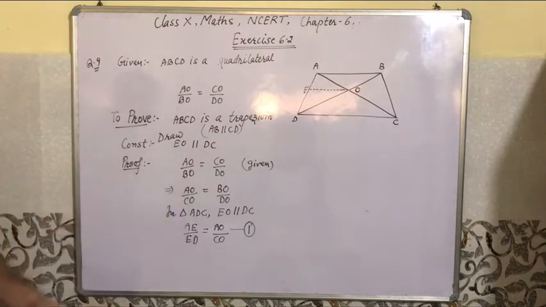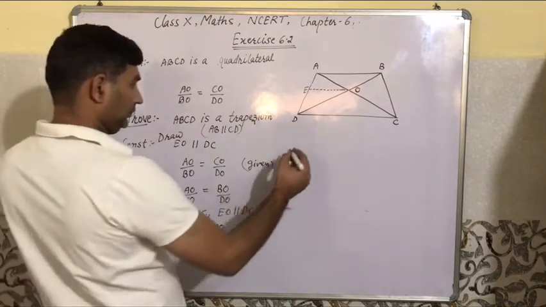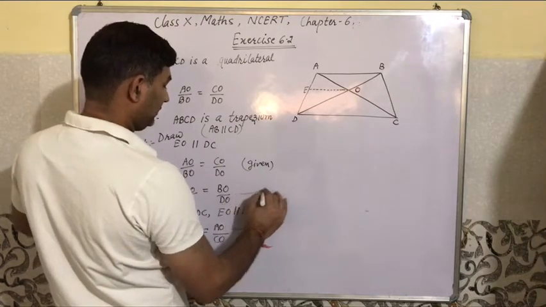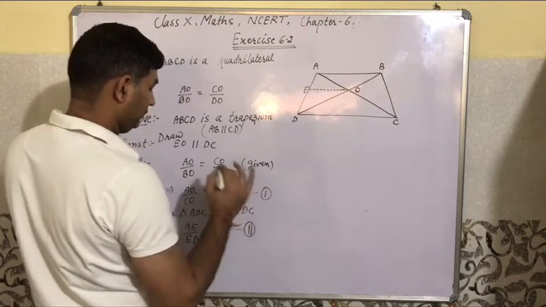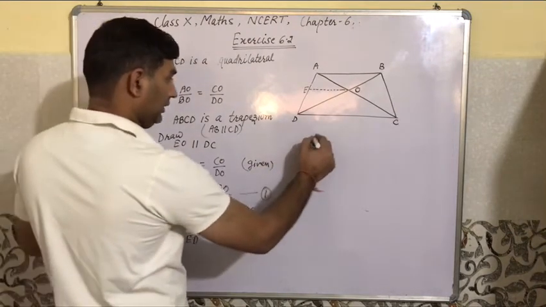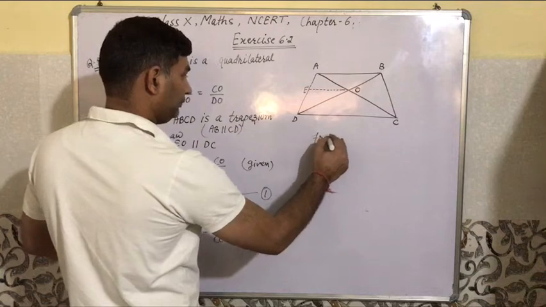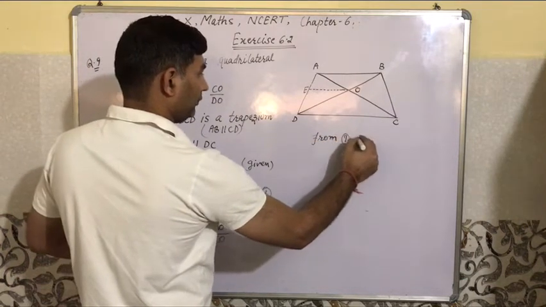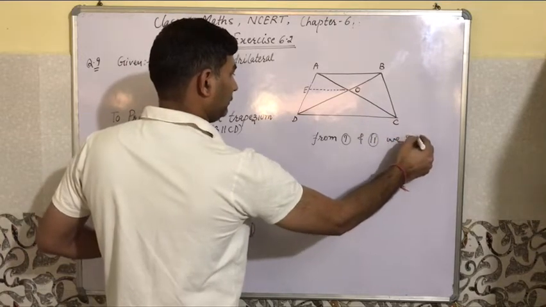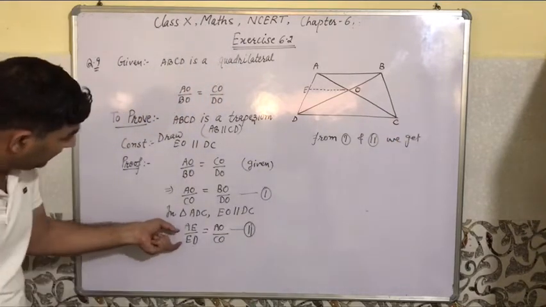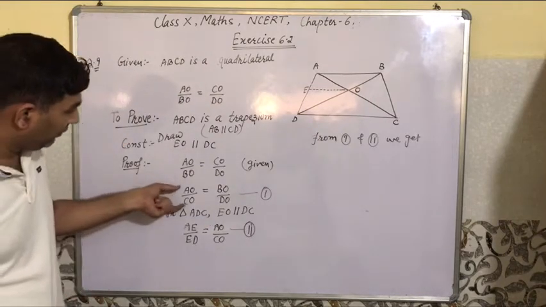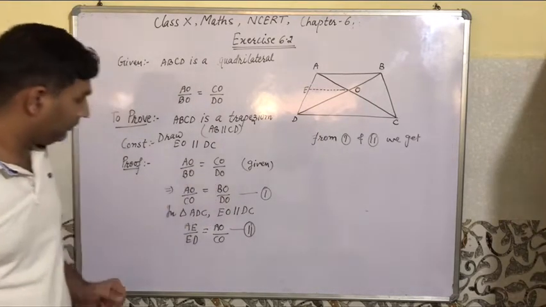Look, we can write this equation 1 and this equation 2. Then from 1 and 2 we get this AE upon ED is equal to AO upon CO, and AO upon CO is equal to BO upon DO.